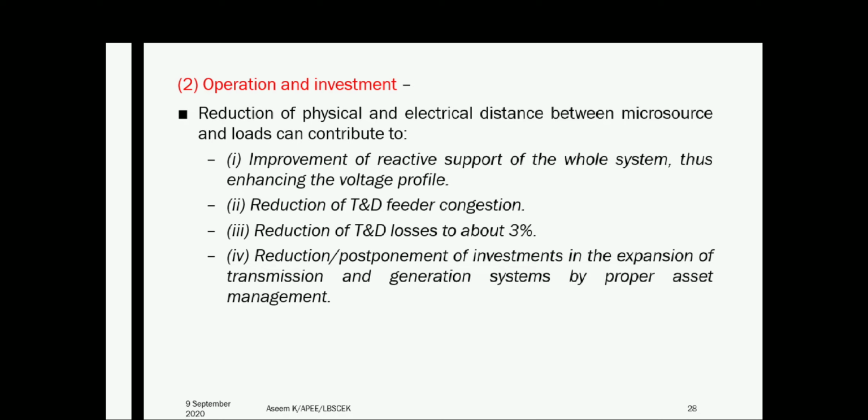All these things come at the customer side, so they can manage it very effectively, and they can postpone the investment requirement, or manage how much cost is involved in the transmission and generation systems, better than in the entire conventional power system. So operation and investment cost can also be reduced. These are some of the advantages of microgrid listed under operation and investment.